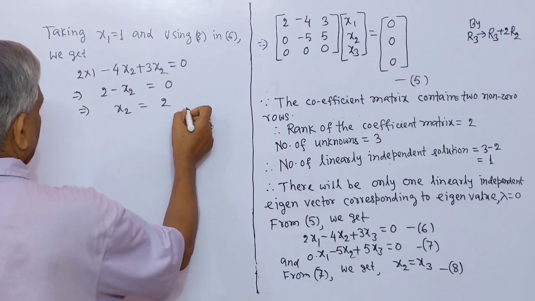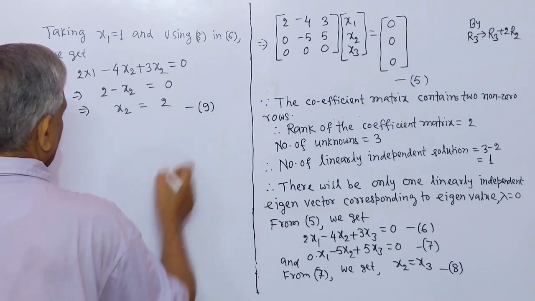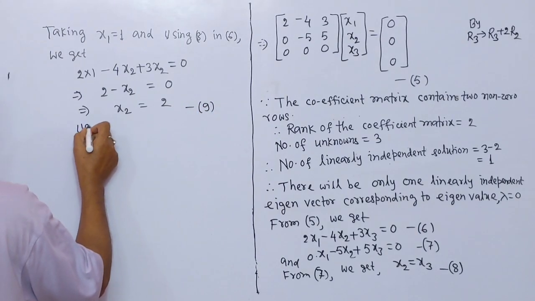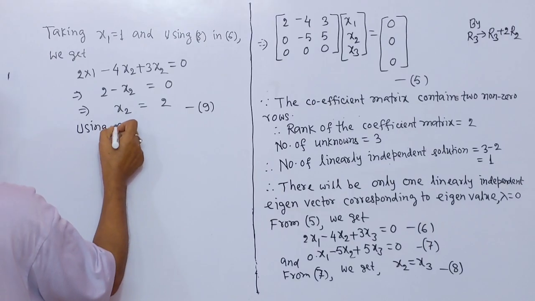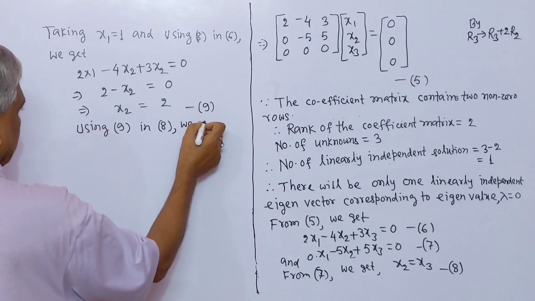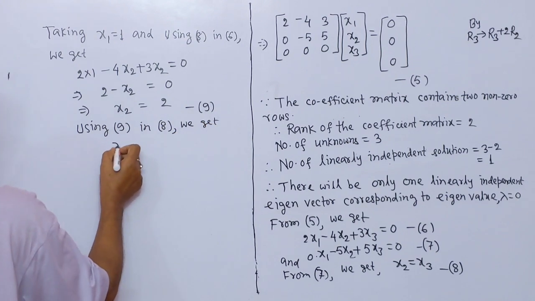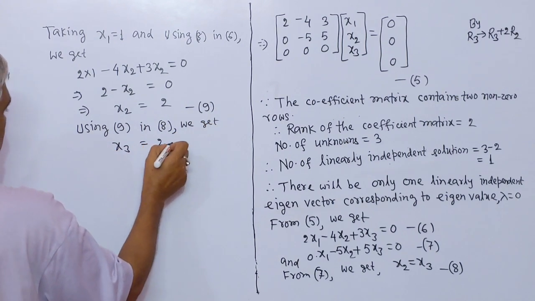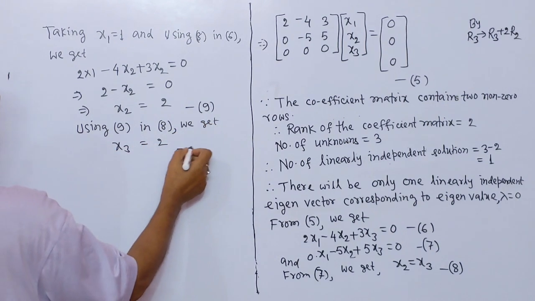This is number 9. Using 9 in 8, we get x3 equal to 2. This is number 10.